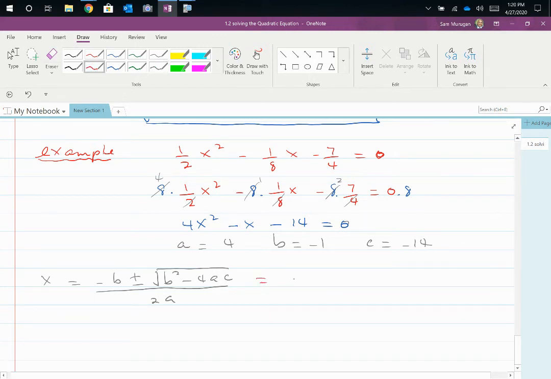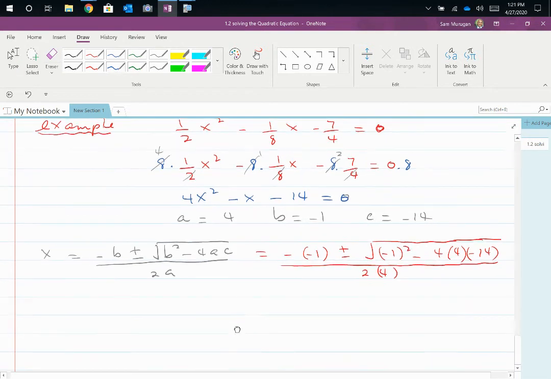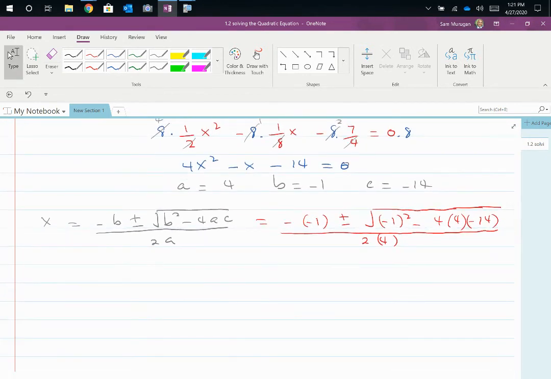So this is minus negative 1 plus or minus the square root of negative 1 squared minus 4 times 4 times negative 14 over 2 times 4. Take that one whole step to simplify to make your substitution.